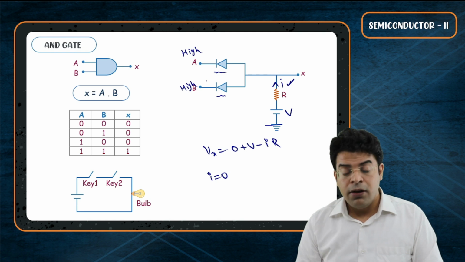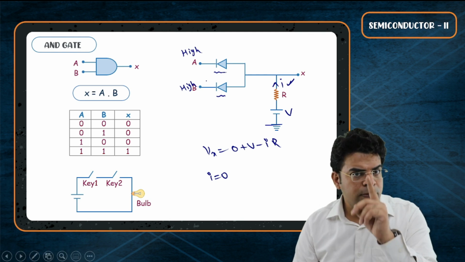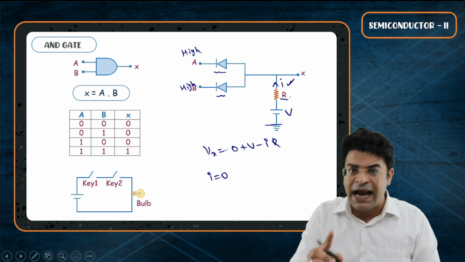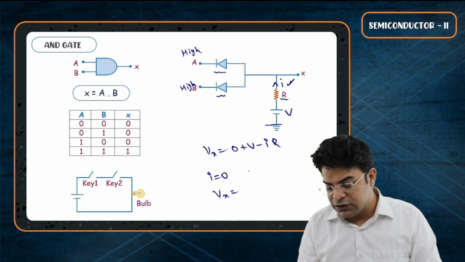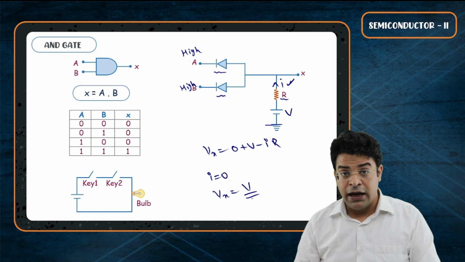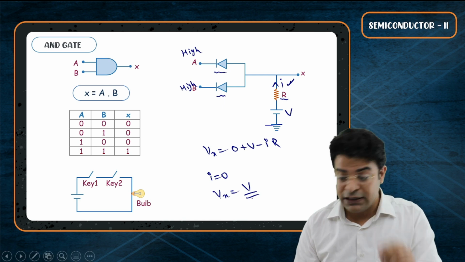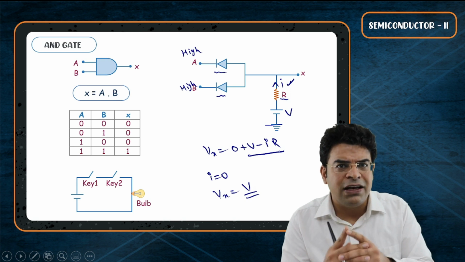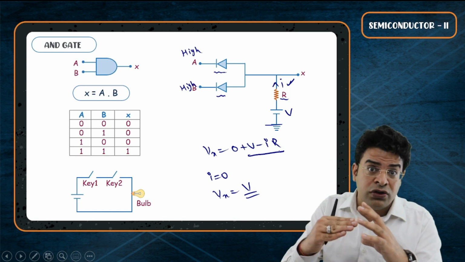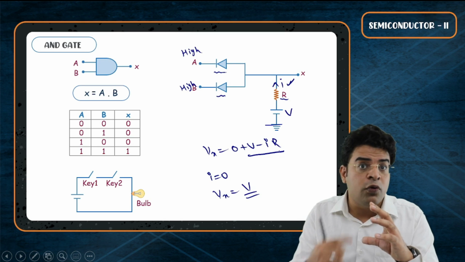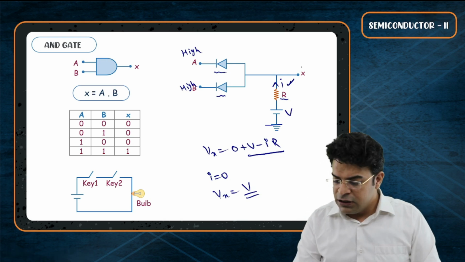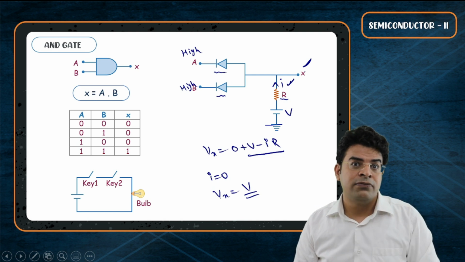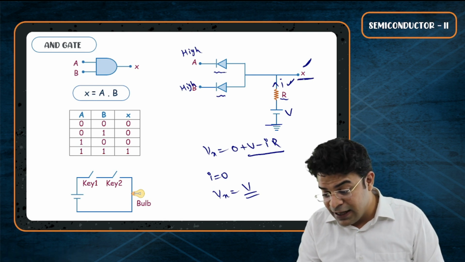So when both A and B are at high potential, both the diodes will be reverse biased, no current flows through the resistance, and for that case the potential at X comes out to be V. And if current flows, the potential at X comes out to be V minus IR. So tell me, when is the potential at X higher? When current flows through the resistor or when the current does not flow through the resistor? So definitely the potential at X is higher when no current flows through the resistor.